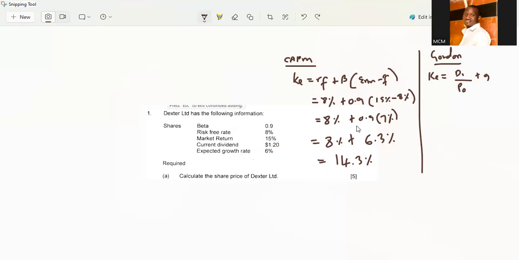If you're given dividend now, you use the formula D0 times 1 plus growth over P0 plus growth. So D0 is simply the current dividend. In this case, what have we been given, D1 or D0? We've been given D0. And the growth rate is what? 6%. So 1.06 here. And the price, what is the current price?